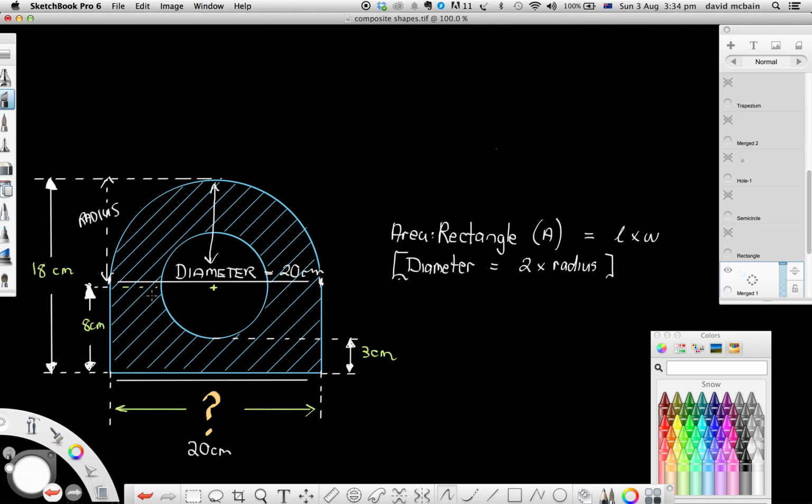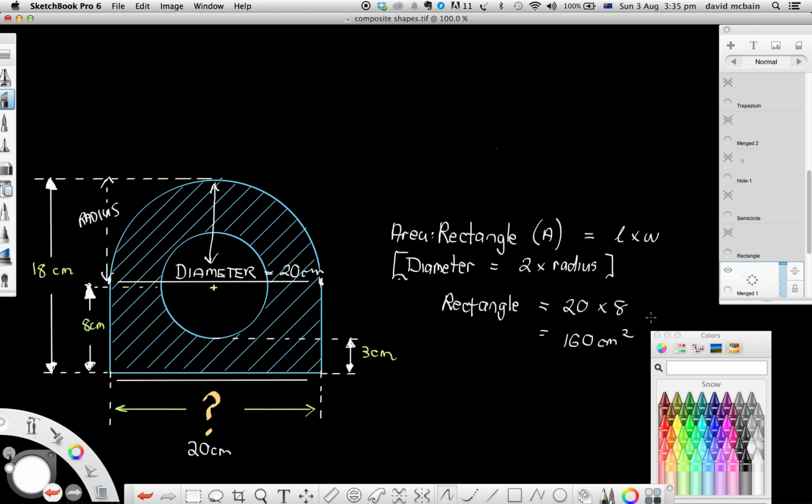So sometimes the measurements are hidden and you have to have a close look and see if you can work out what the missing measurements are. So now we can work out the area of our rectangle. The area of the rectangle is going to equal 20, which is the length, times 8, which equals 80, my apologies, not 80, 160 centimetres squared.